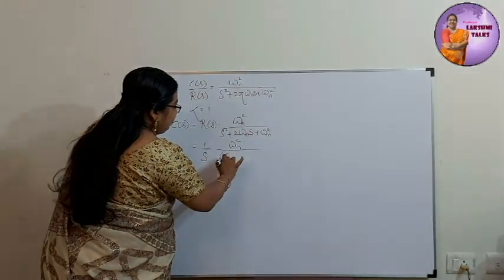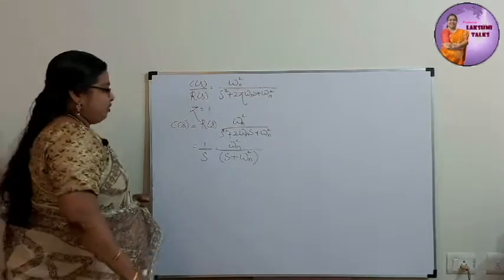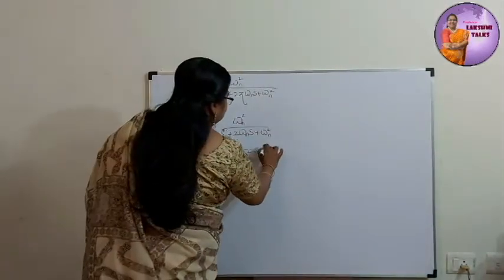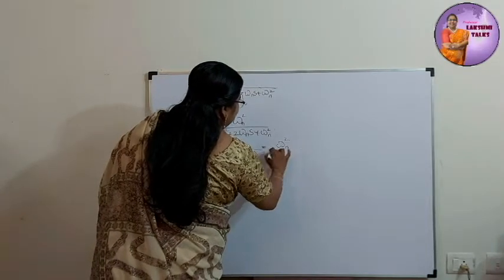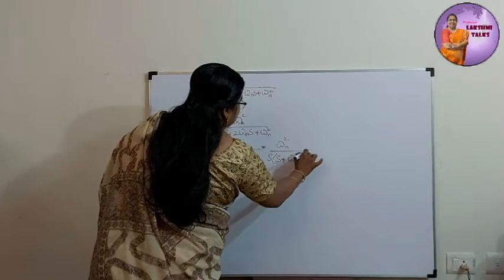So this is of the form s plus omega n the whole square. So we have C of s is equal to omega n square divided by s into s plus omega n the whole square.